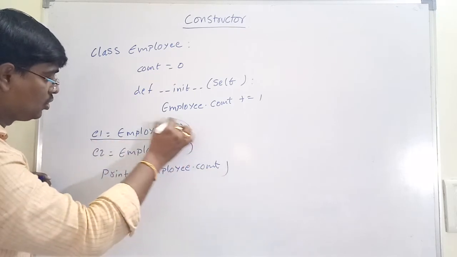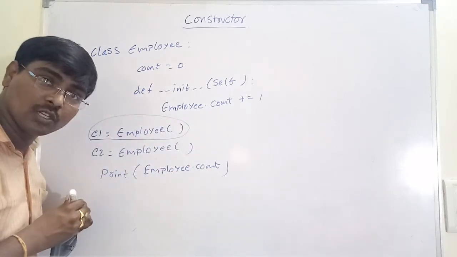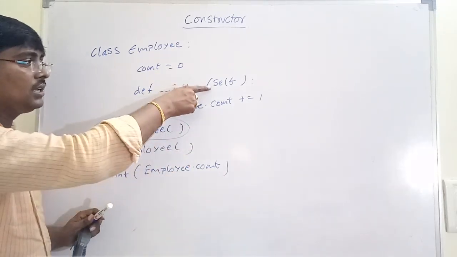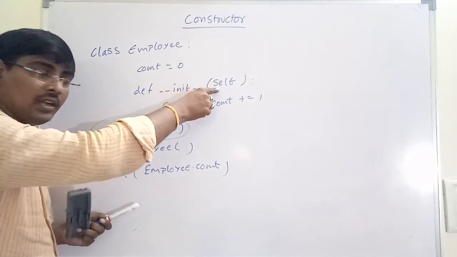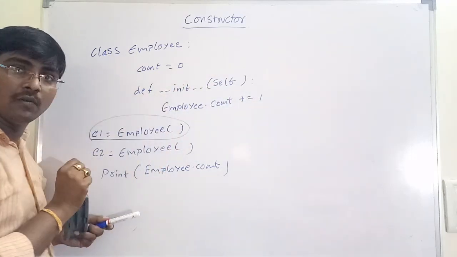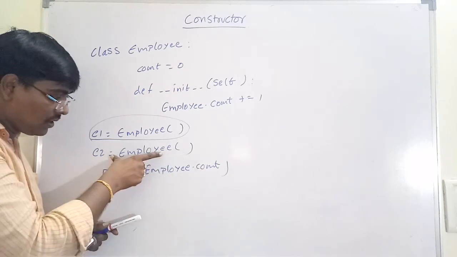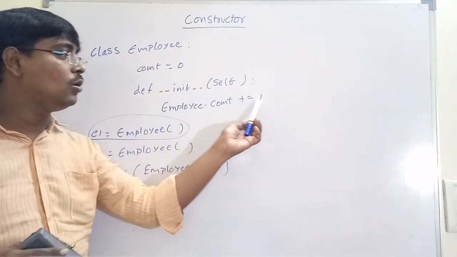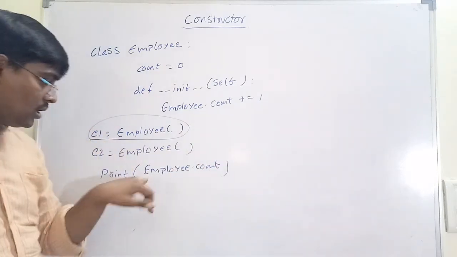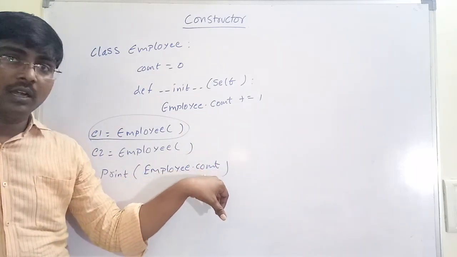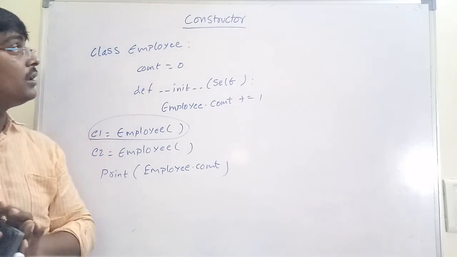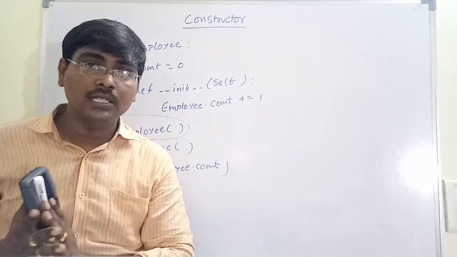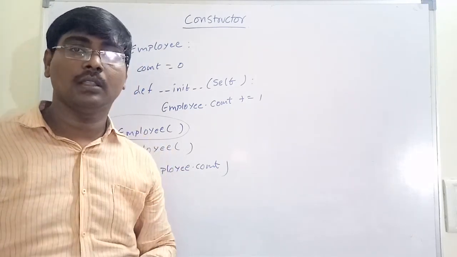Whenever we are executing this statement, the constructor is called automatically, and it increments the count value by 1. Now execute the next statement. The constructor is called automatically and the count value is incremented again, to 2. So the print statement employee.count prints the count value. This is the concept of constructors in Python. Thank you.